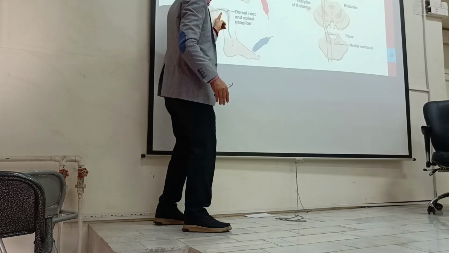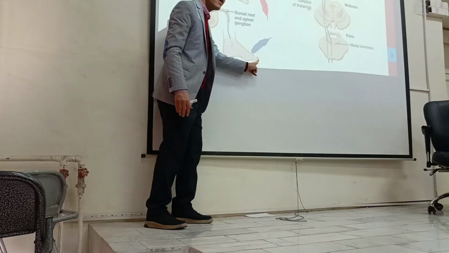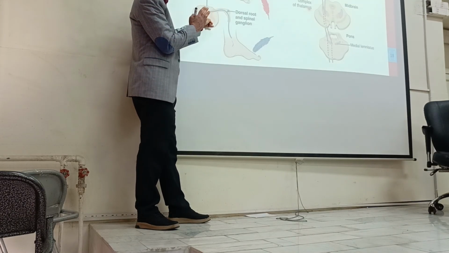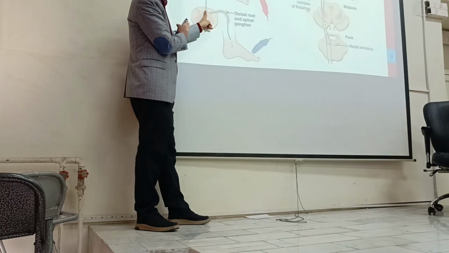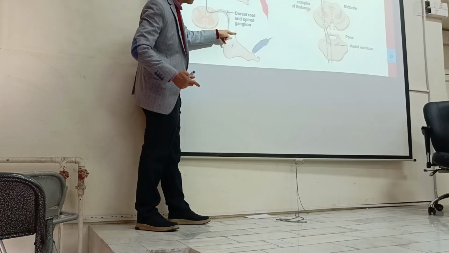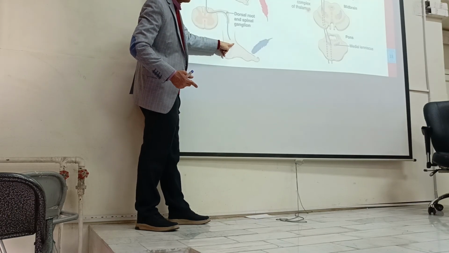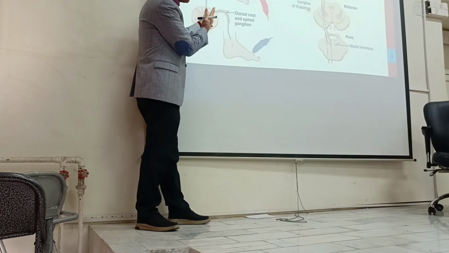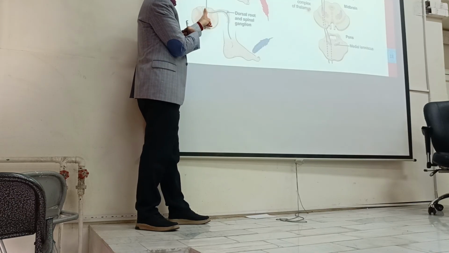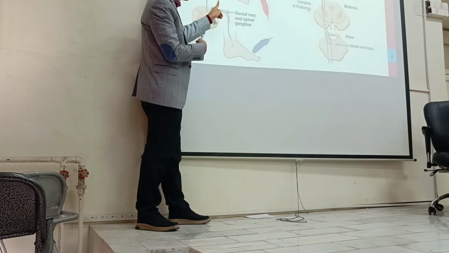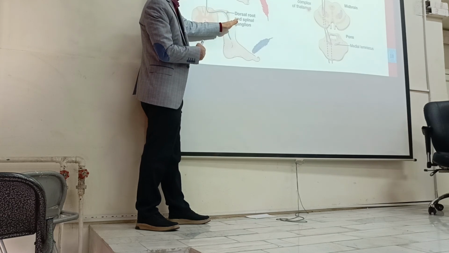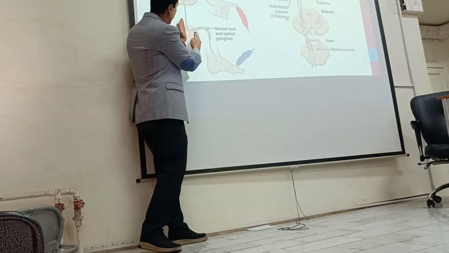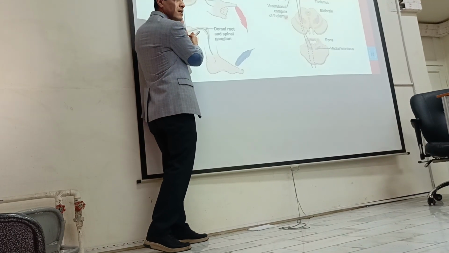Fibers that enter from the toe go to a location very close to the midline. Then fibers that originate from the ankle go to a level a little lateral to the first one. Fibers that originate from the knee enter the dorsal column, enter the gracile fasciculus, but they are located more lateral.